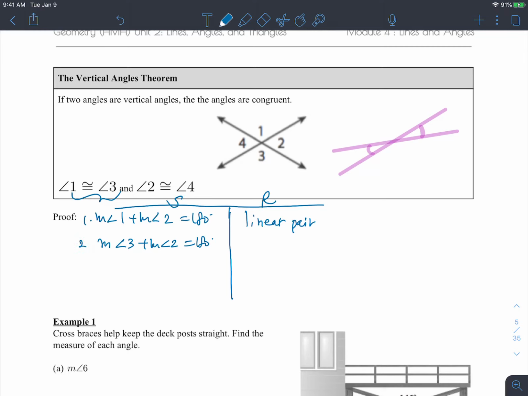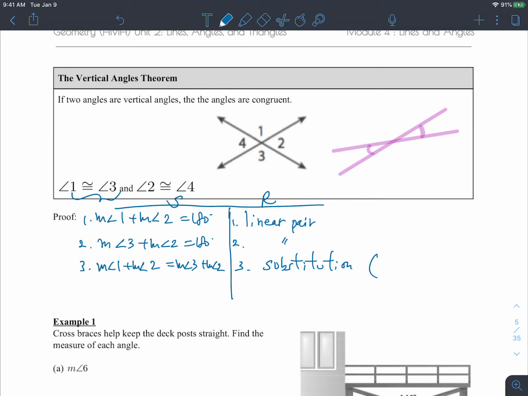Step number 1, step number 2, and step number 2 is a ditto, same as before. Now, have you noticed that both of these add up to 180 degrees? Yes, they do. Then you can set them equal to each other. The measure of 1 plus the measure of 2 has to equal the measure of 3 plus the measure of 2, and that is because of substitution.